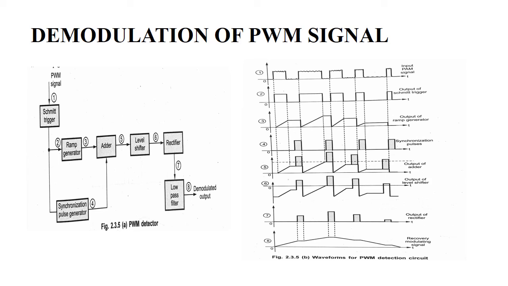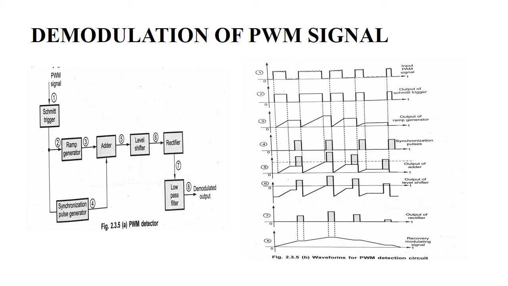The ramp generator will provide a ramp for the duration of the pulses such that the height of the ramps is proportional to the width of the PWM pulse. The maximum ramp voltage is retained till the next pulse occurs.